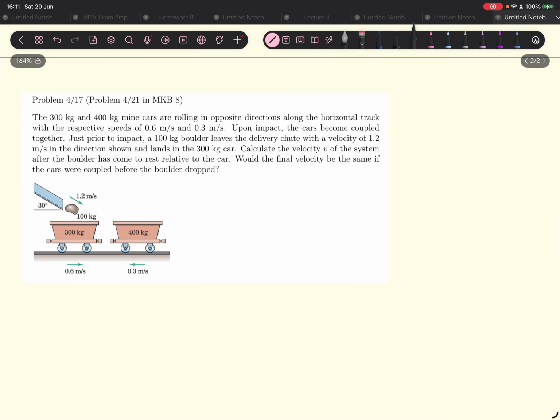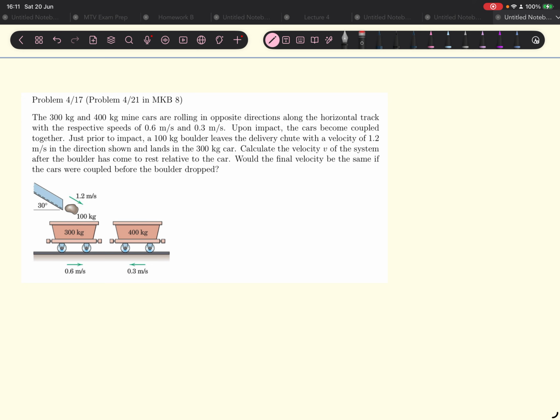So over here we have 2 mine carts, one with a mass of 300 kg and one with a mass of 400 kg, and they're rolling in opposite directions along a horizontal track, and then they give us the speeds at which they're rolling towards each other.